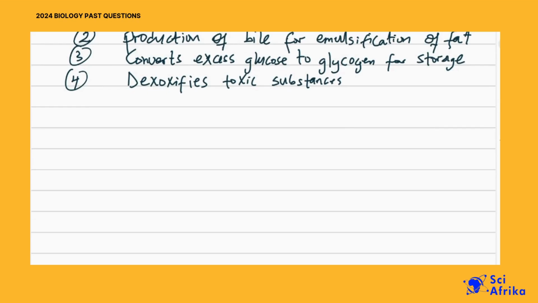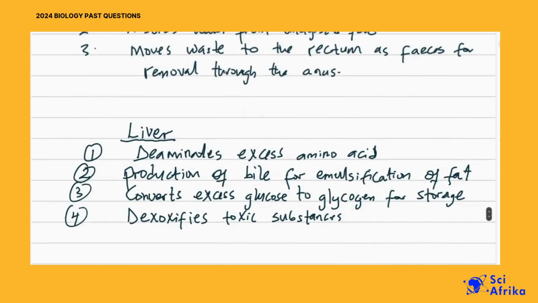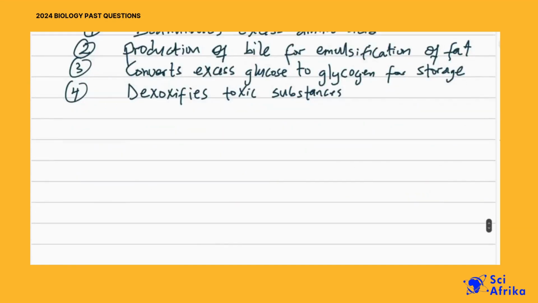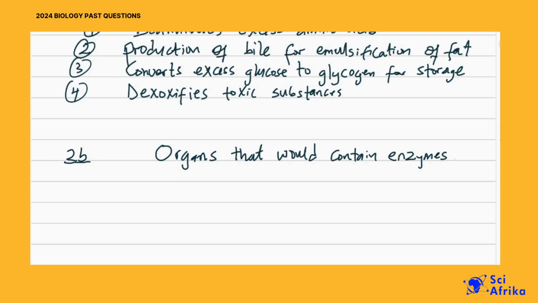Out of the organs we have mentioned, and whose functions we have stated, we need to now mention the organs that would contain enzymes needed to break down the food.